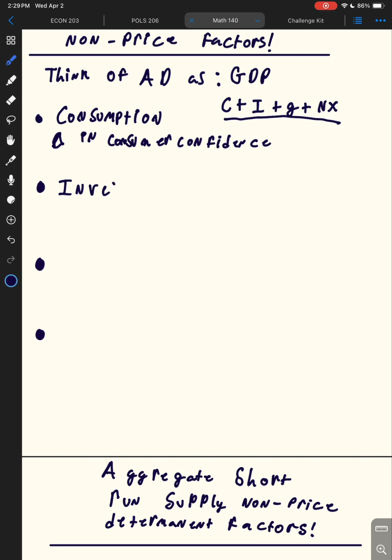The next thing, of course, is investment, which can bring changes in interest rates, or even tech changes.